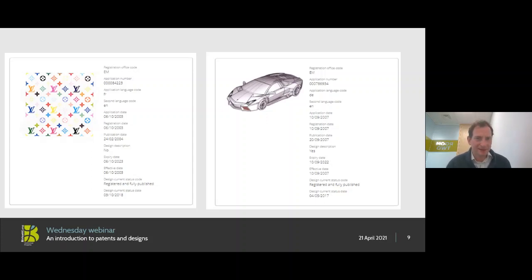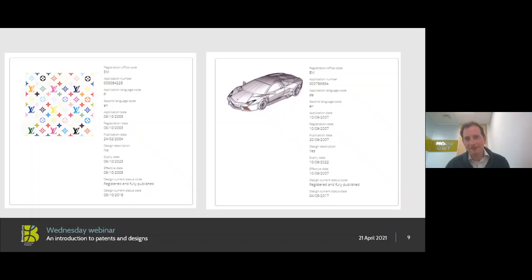We can see that the application was made in October, and it was made effective on the same day, but it was published somewhat after, probably because they were delaying the publication so the launch wasn't scuppered. And you can see that it's effective and it will expire in 20 years' time.